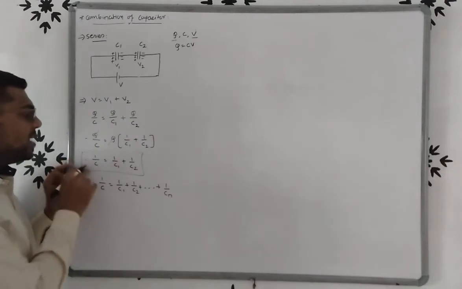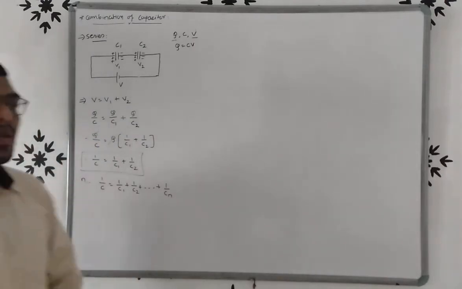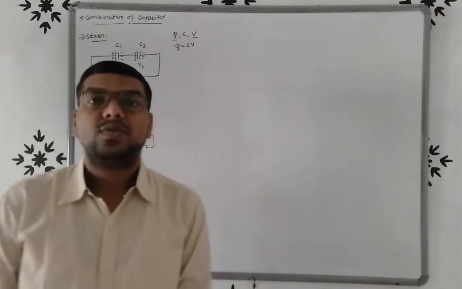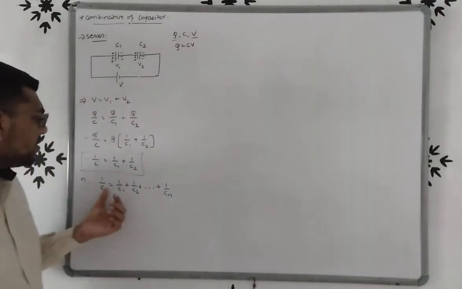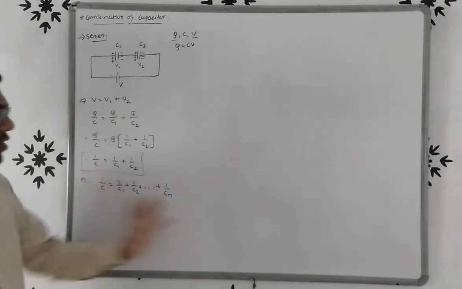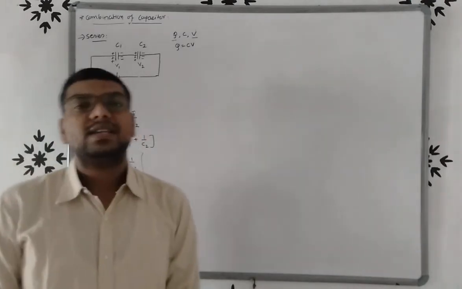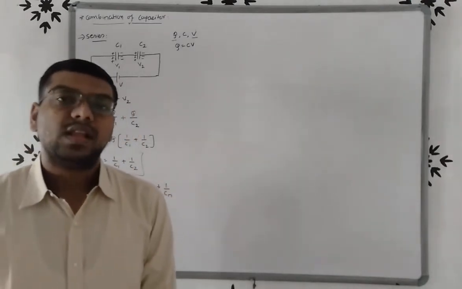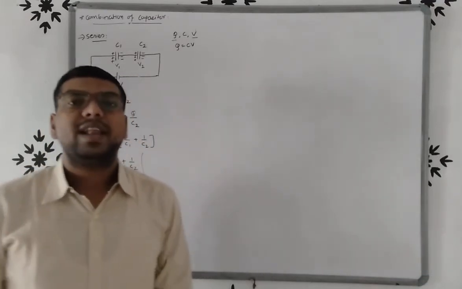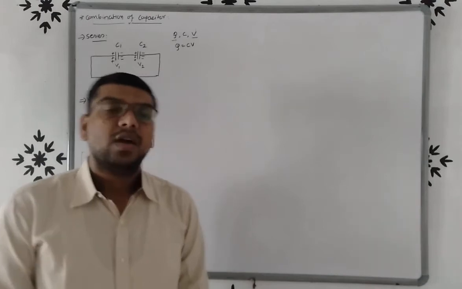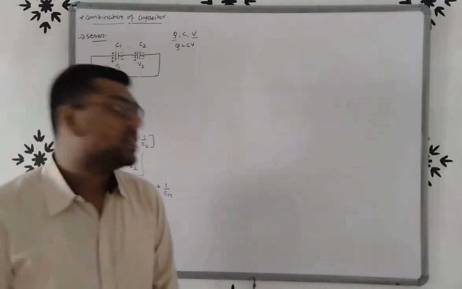So the equation will be: 1 by C is equal to 1 by C1 plus 1 by C2. If there are n capacitors, then 1 by C is equal to 1 by C1 plus 1 by C2 and so on up to 1 by Cn. So this is the equation of equivalent capacitance for series combination.